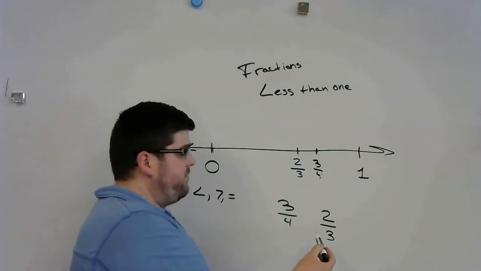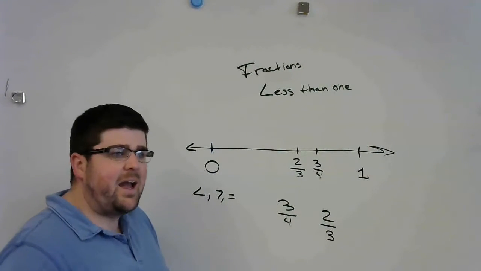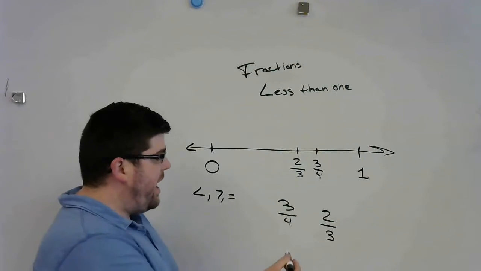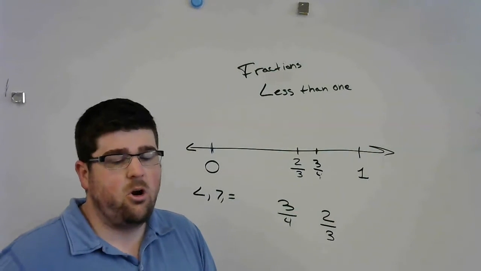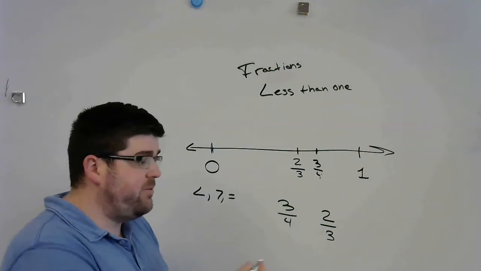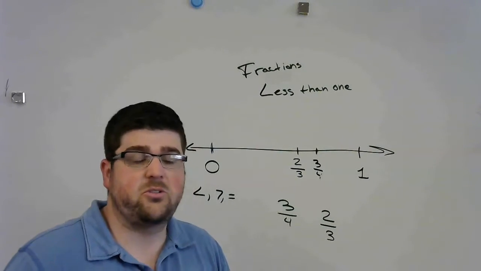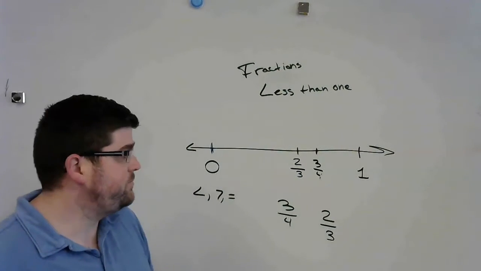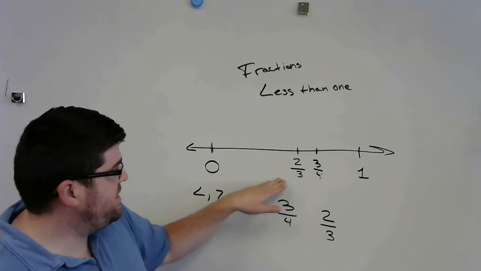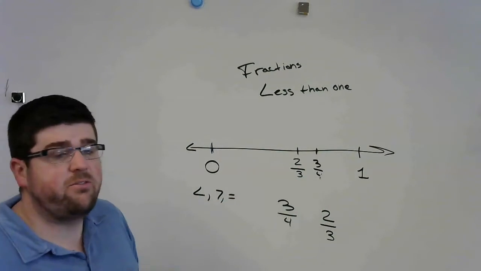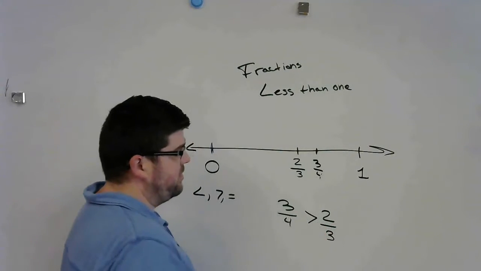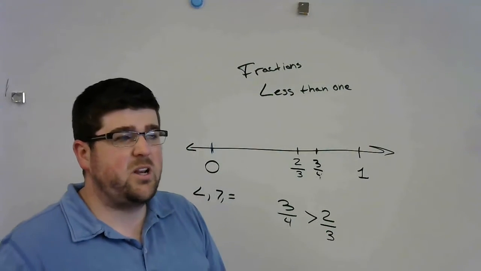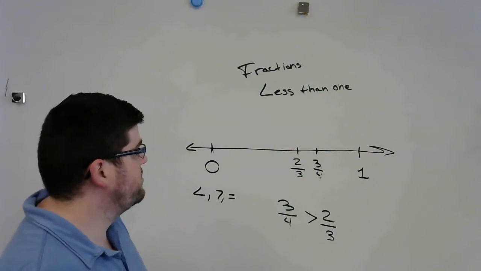So when I look at 3/4 and compare it to 2/3, I can ask myself, out of 3/4 and 2/3, which one is closer to 1? Or on the opposite, you could say, which one is closer to 0? You could ask either question. But if we look at this, it's easy to see that 3/4 is closer to 1 than 2/3. So that means 3/4 is going to be bigger than 2/3.